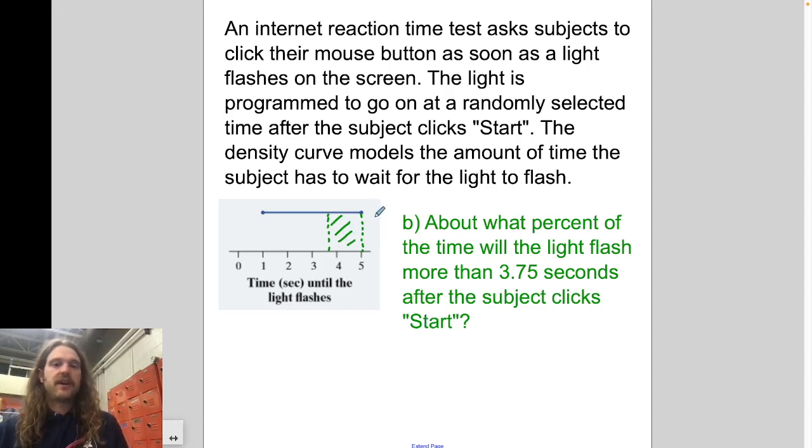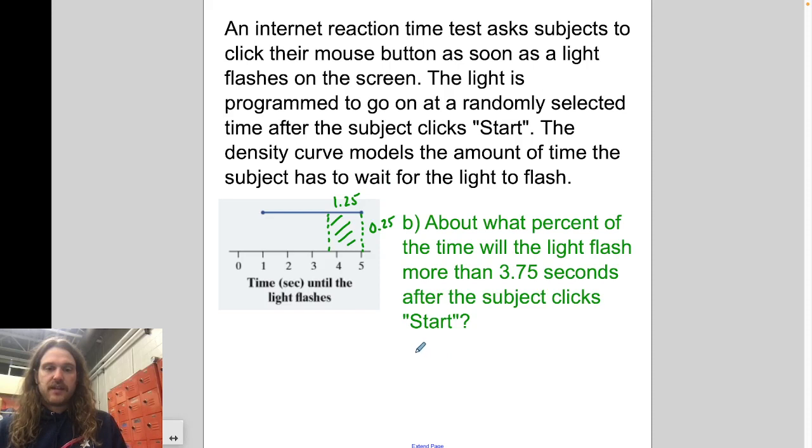So this is really easy to calculate. We already know that the height of this is now 0.25, or 1/4. And I know that the length of that is 1 plus 0.25, or 1.25. So what percent of the time will the light flash more than 3.75 seconds?